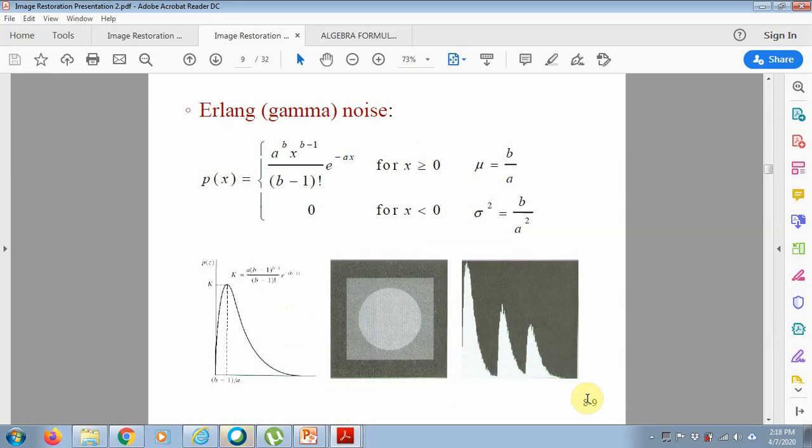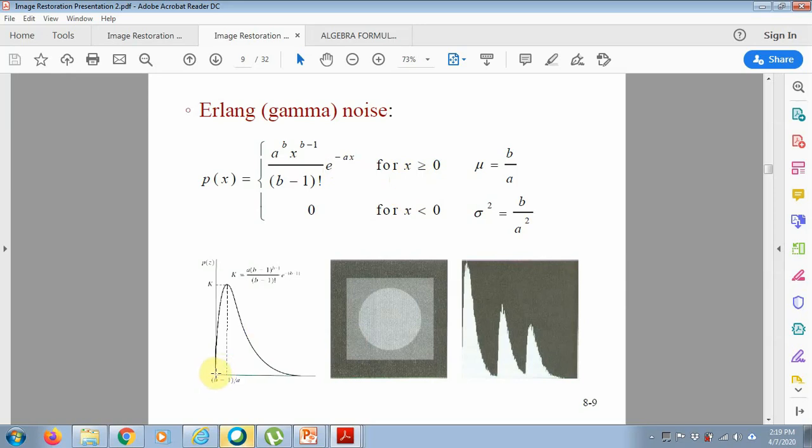Then Erlang or gamma noise. Most probably we use gamma noise as the function for Erlang noise. So for gamma noise, p of x will be equivalent to a to the power b, x to the power b minus 1, divided by (b minus 1) factorial, multiplied by exponential of minus ax, for x greater than or equal to 0.